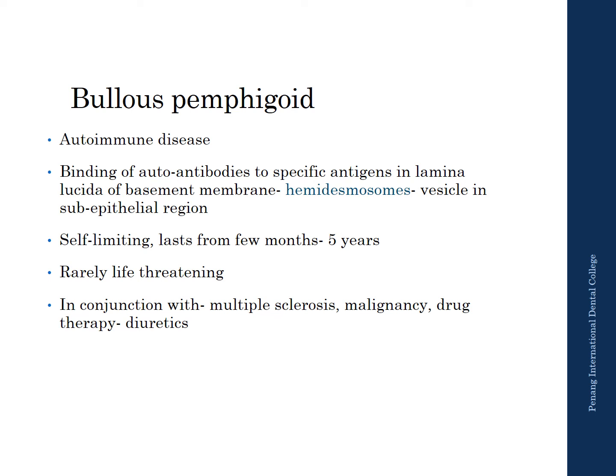So this is a self-limiting condition and less severe in comparison to pemphigus. It can last for a few months to up to 5 years, and the patient could go into self-remission. It's rarely life-threatening, and generally can occur in conjunction with multiple sclerosis, malignancy, or even drug therapies like diuretics.